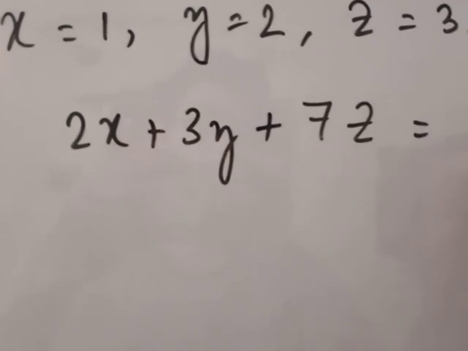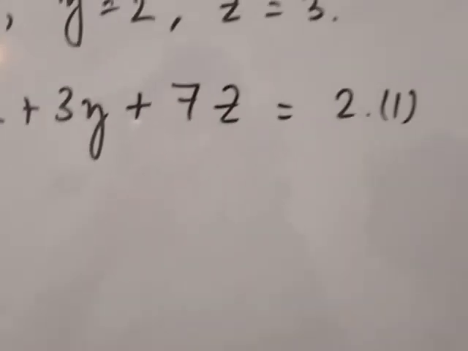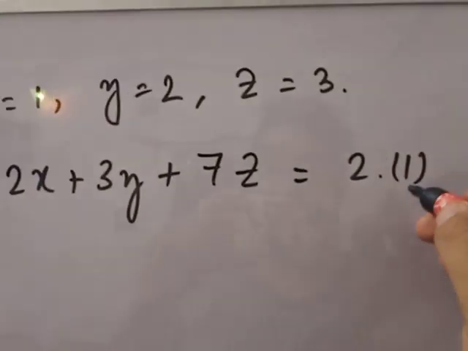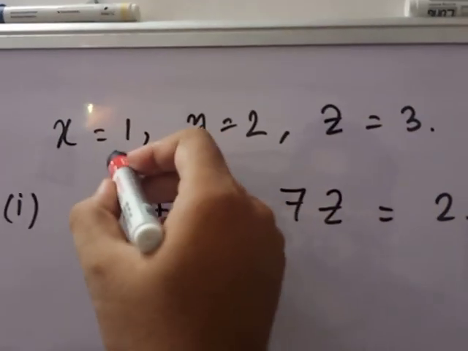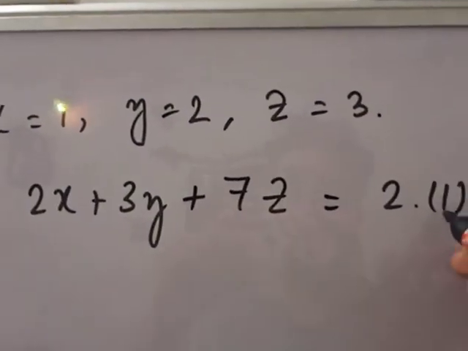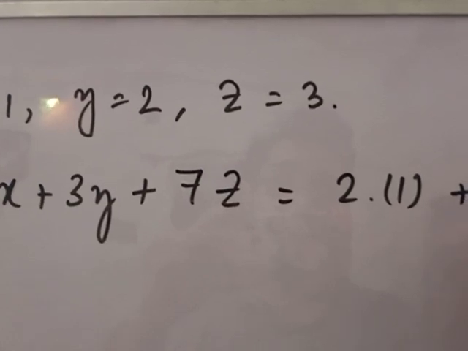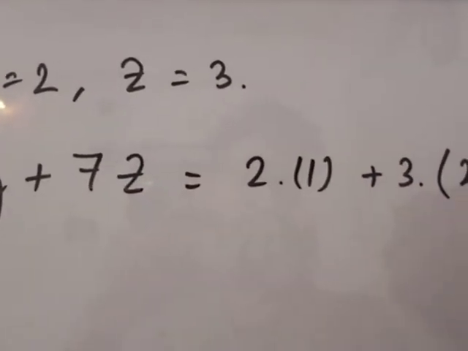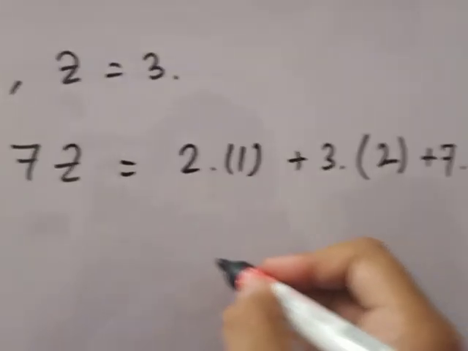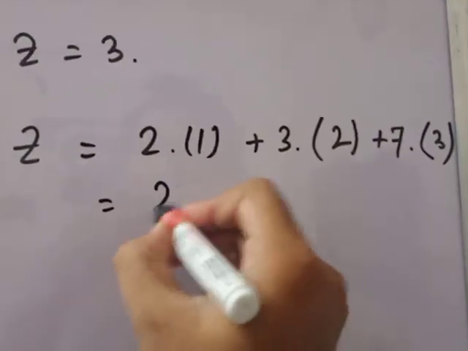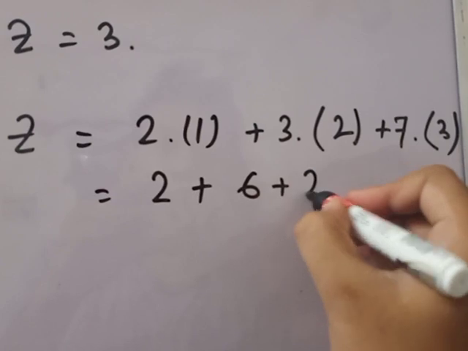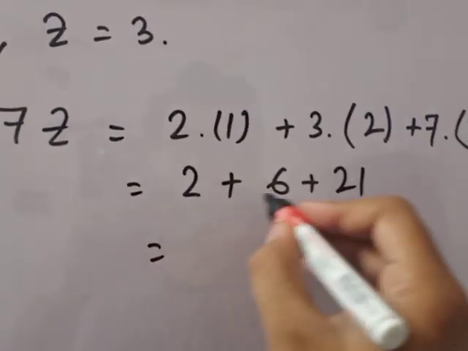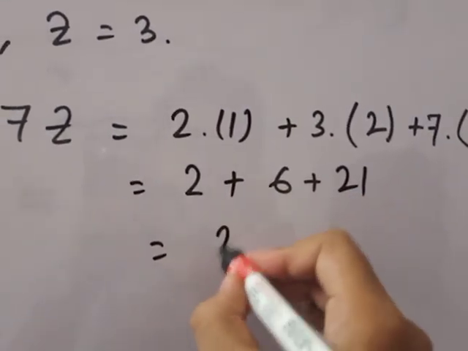So 2 into 1, try to use the variable which is given, x equals 1. So within bracket, 3 into 2 plus 7 into 3. So this is 2 plus 6 plus 21. So 6 plus 2 is 8, 8 plus 21 is 29.